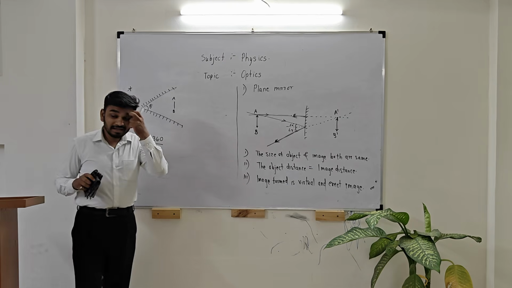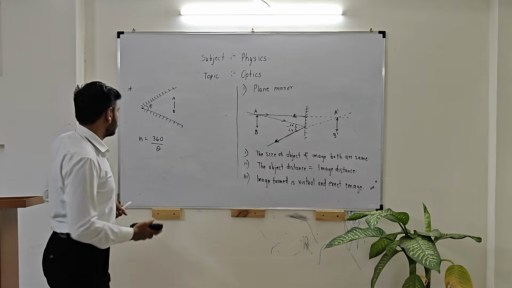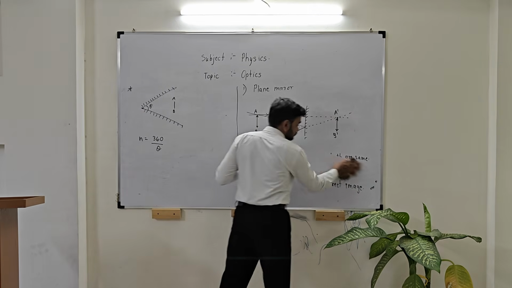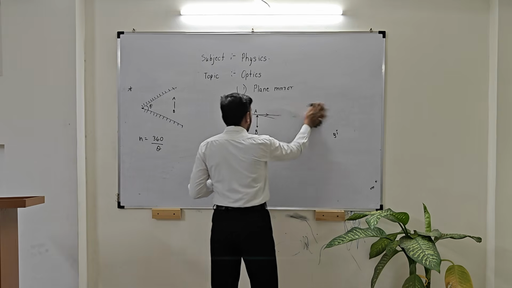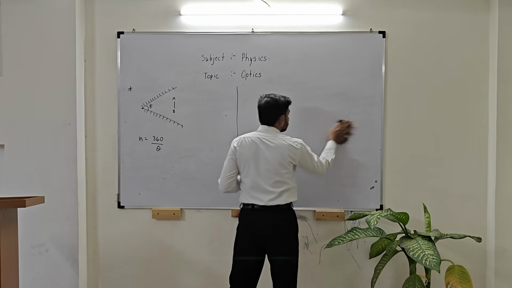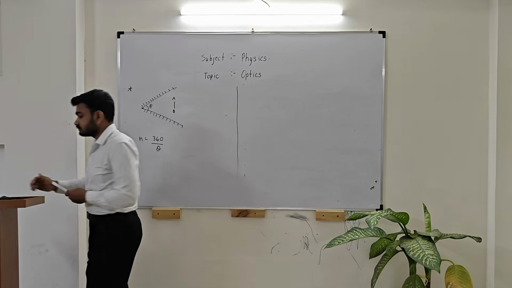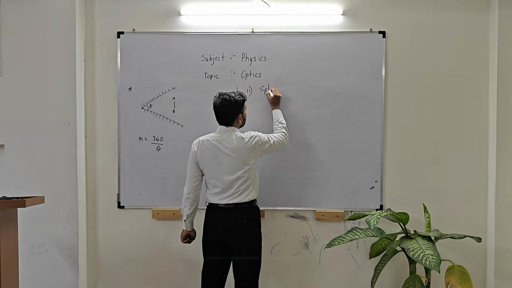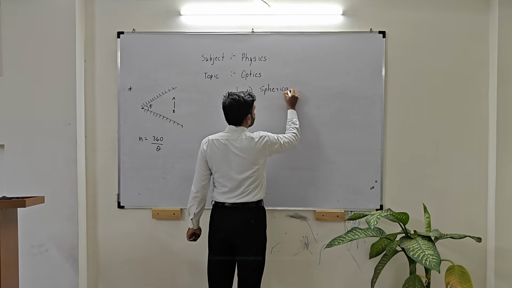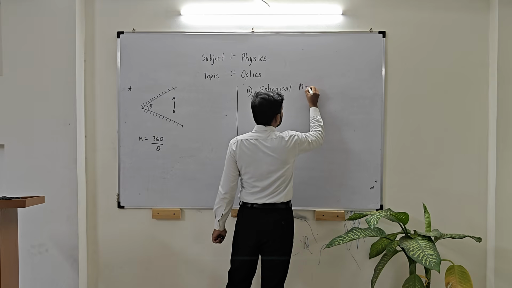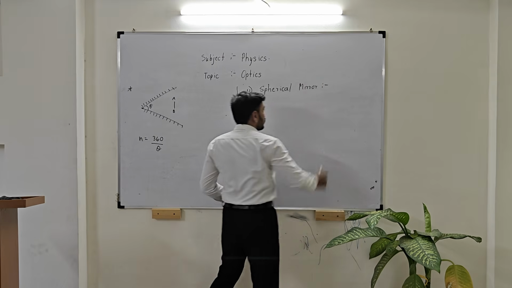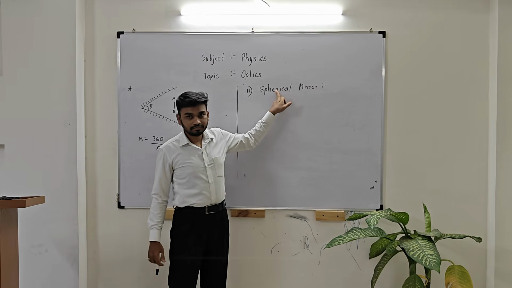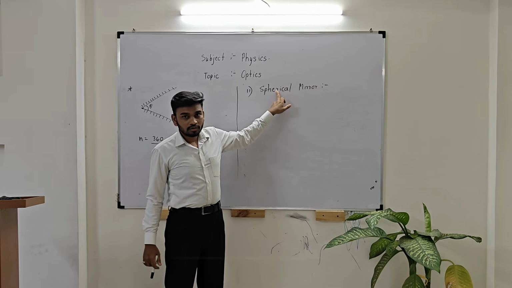Now the second topic is the spherical surface. The spherical mirror is the second type of reflecting surface. From the name, it seems that it is a mirror in the shape of a sphere, right?